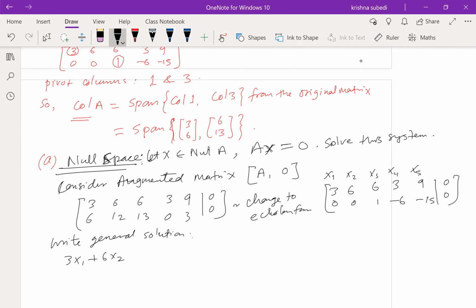Guys, can I simply write this? I can take 3 common so that I can get 1, 2, 2, 1, 3, 0. Yeah, I did that. It's just easier to calculate later on.